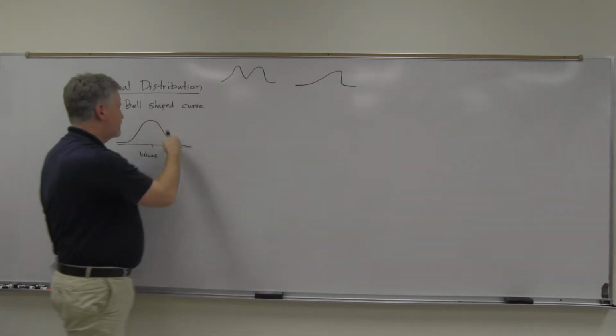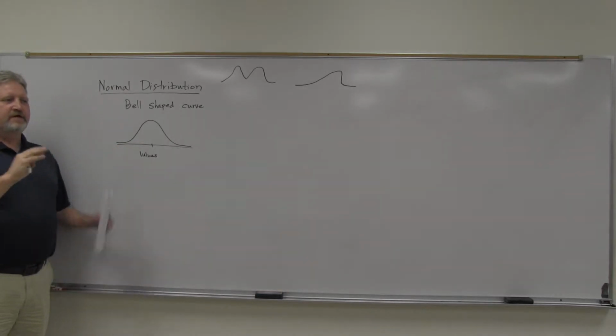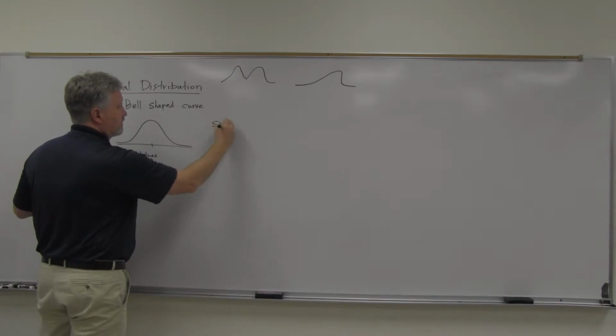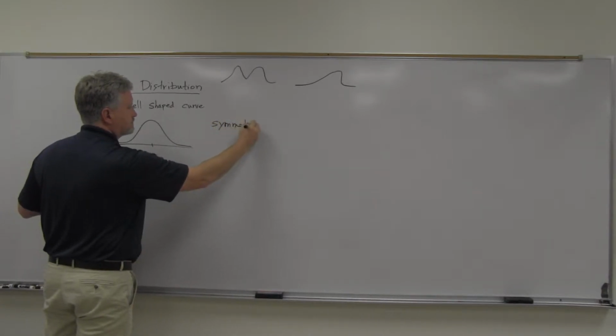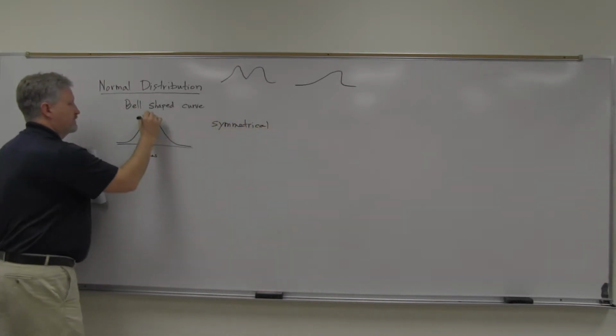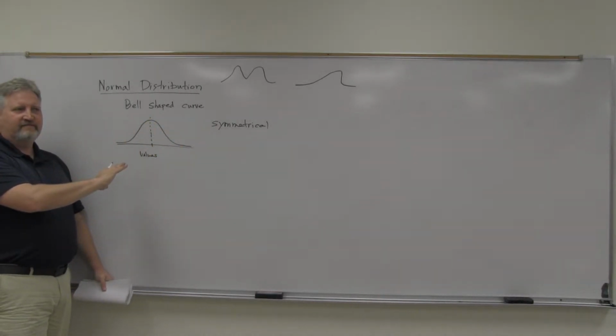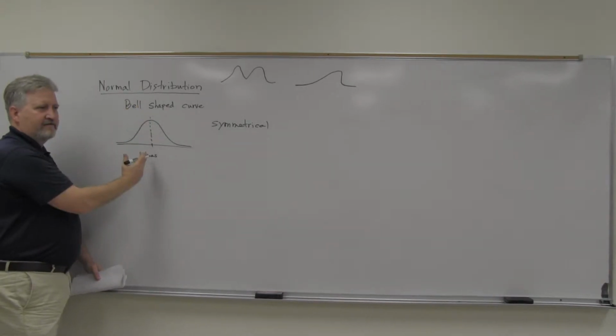So this one, a bell-shaped curve, is very symmetrical. It's a symmetrical graph, which means if you look right through the middle here, the left side is mirroring the right side. Like there's a mirror right there in the middle.